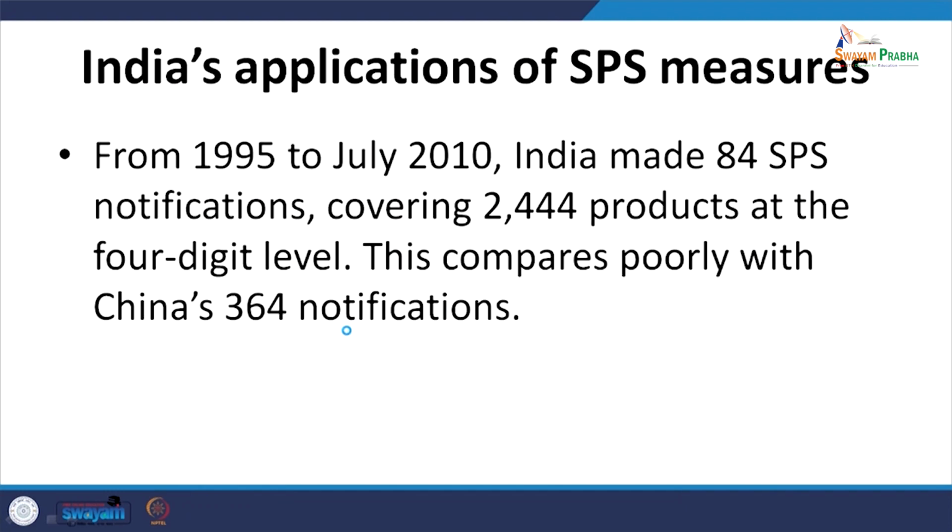Regarding India's context, from 1995 till July 2010, India made only 84 SPS notifications, as against the 364 notifications China made, even though China joined in 2001. So, out of 2440 products at the 4-digit level, India could only file 84 SPS notifications.